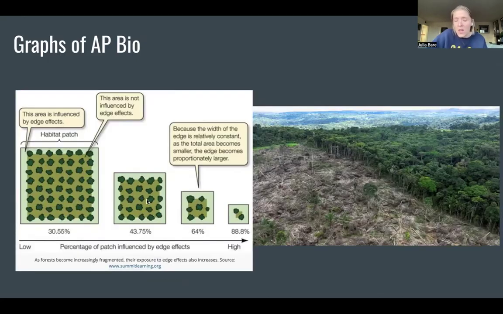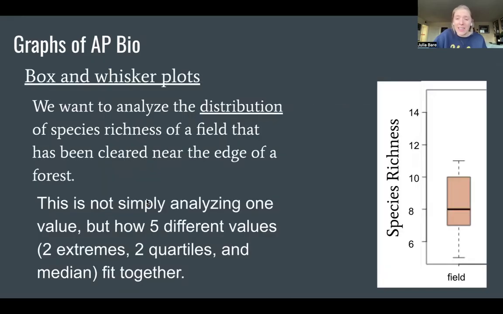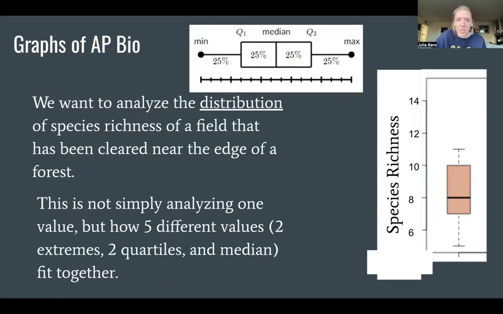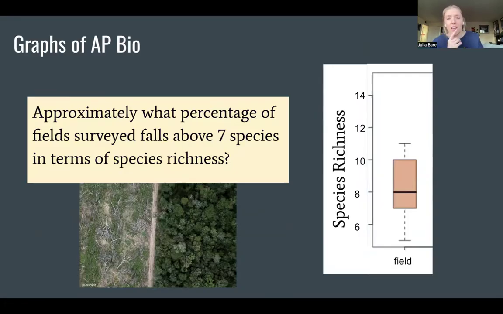These fields had between 7 and 10 species. 25% of the fields surveyed had between 10 and 11 species, and 25% of the fields had between 5 and 7 species. That is what the data is representing. It's not simply analyzing one value, it's analyzing how 5 different values fit together and what the relationship is between them.